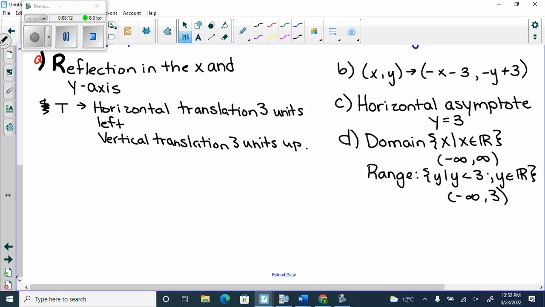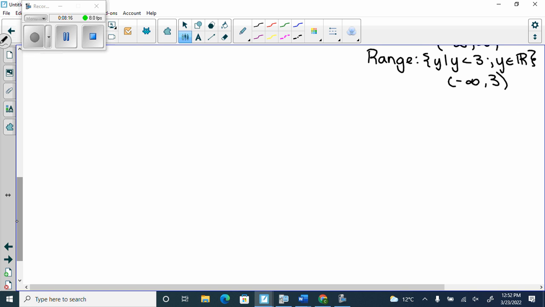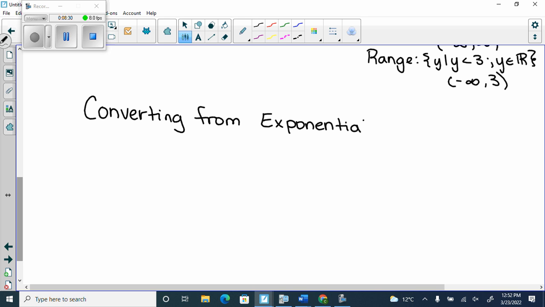So we're going to go converting from exponential to log. Double-headed arrow because we're going to do both.